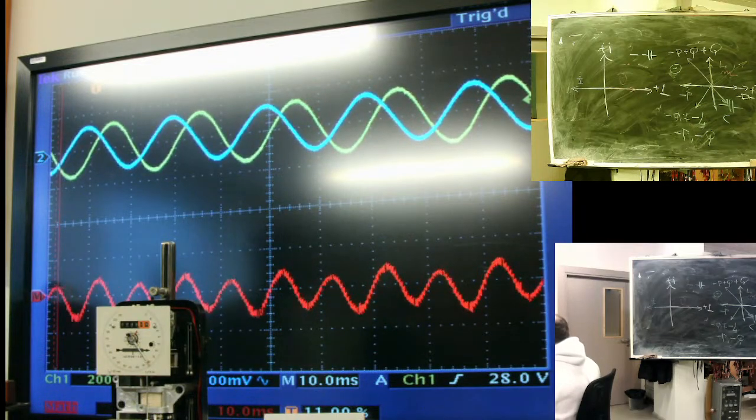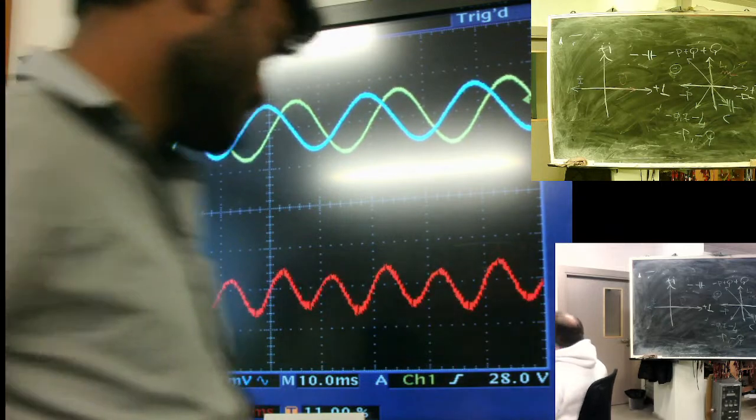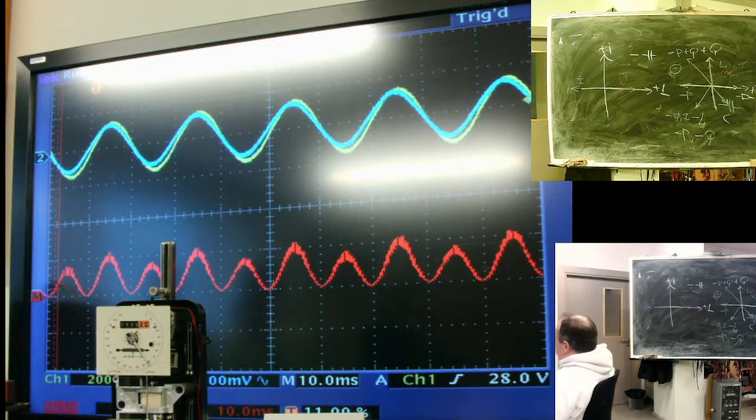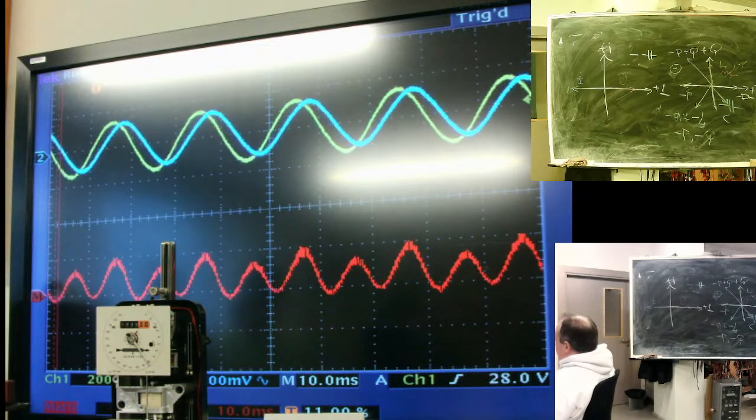Oh, it's an overexcited synchronous machine with no mechanical torque. If we have a synchronous machine, can you supply us some active power?